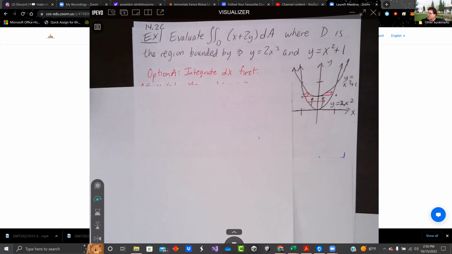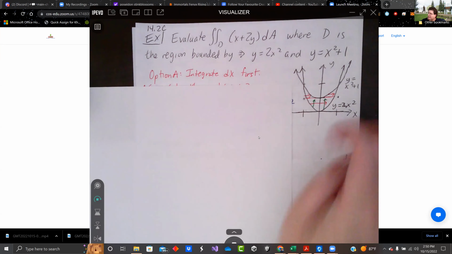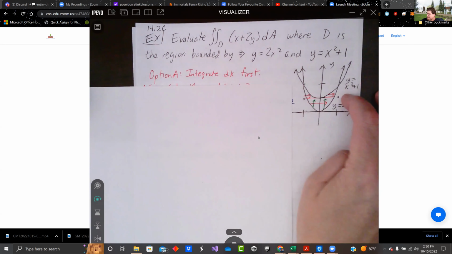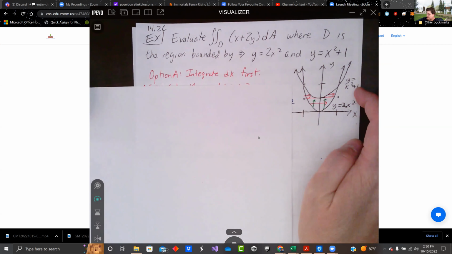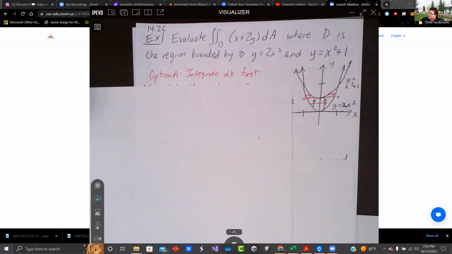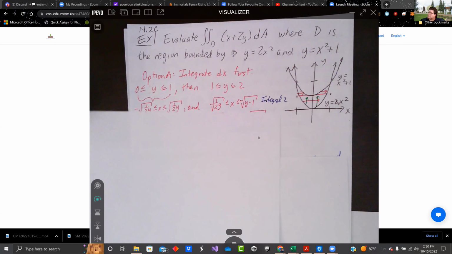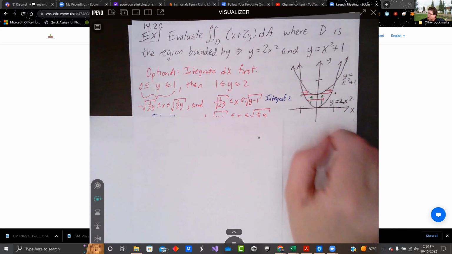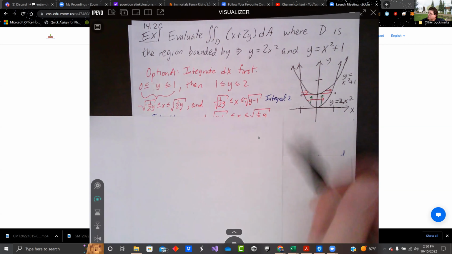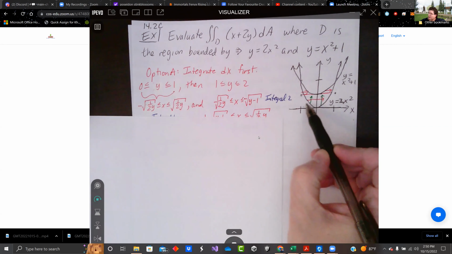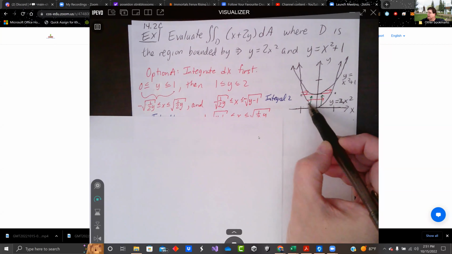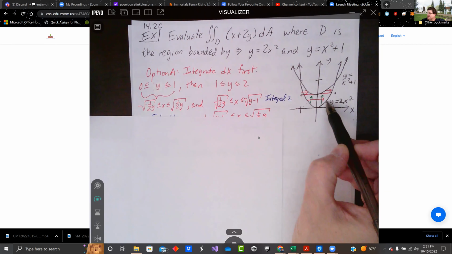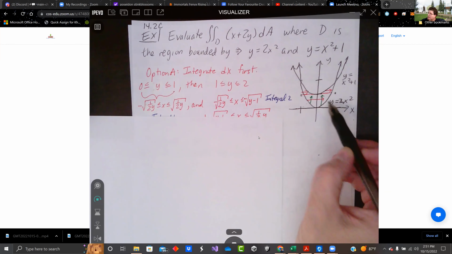If we integrate along dx first, the stuff in red, I'm going to have to break this up. We've got 0 to 1 first, this bottom half, where our lower boundary is negative square root of 1/2 y, and the upper half is the positive square root of 1/2 y.